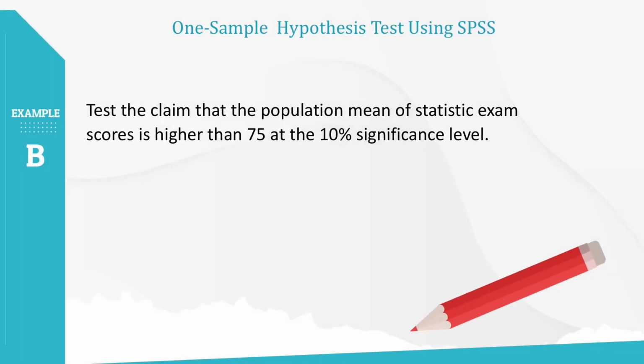Here is another example. The keyword of higher indicates one-tailed test. The null and alternative hypothesis statement should be like this. Let's perform one sample t-test using SPSS for this example.